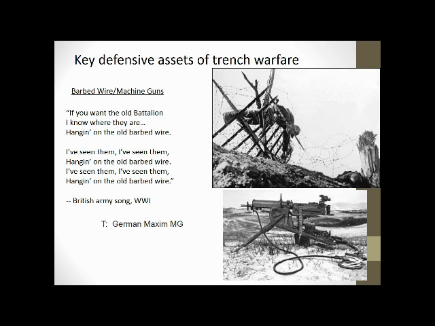Together, these new technologies that are a product of the Industrial Revolution, the machine gun and barbed wire, really serve to make the trenches very effective defensive networks that were incredibly devastating to infantry assaults.